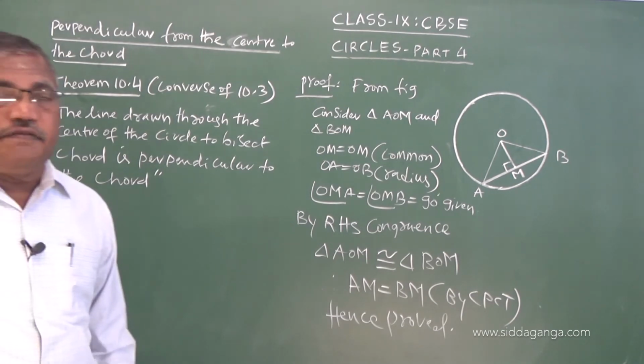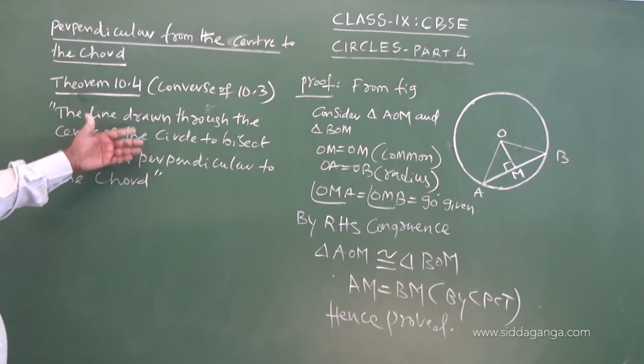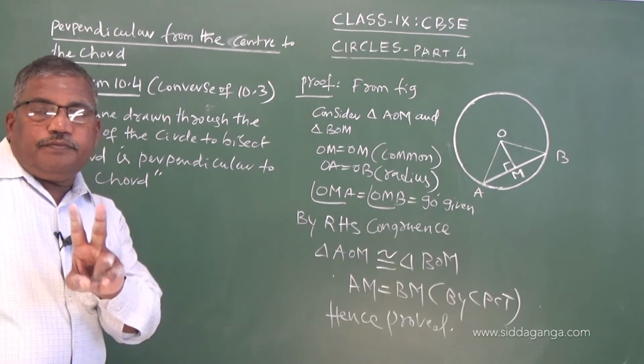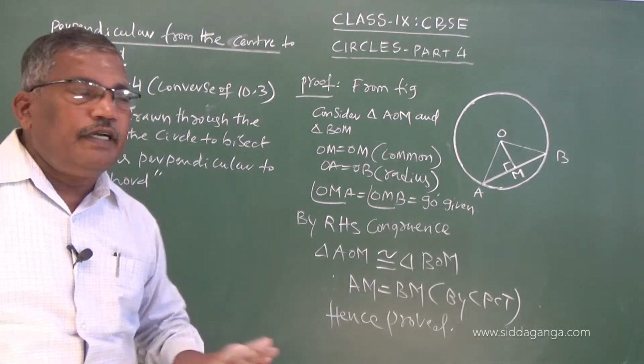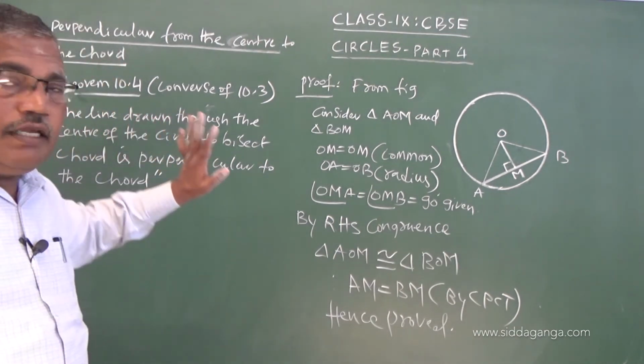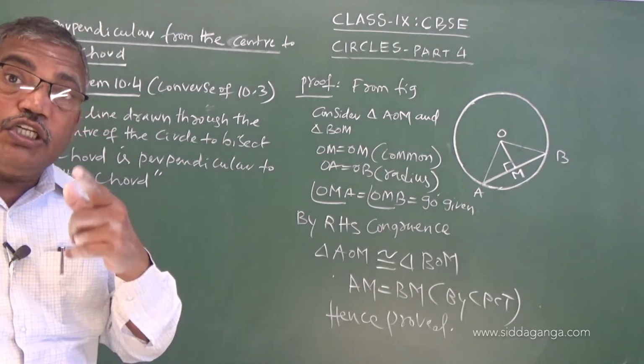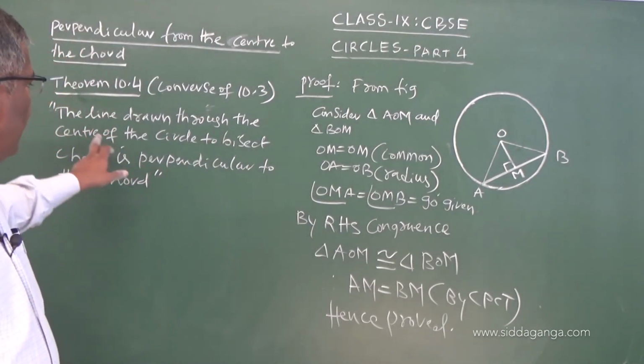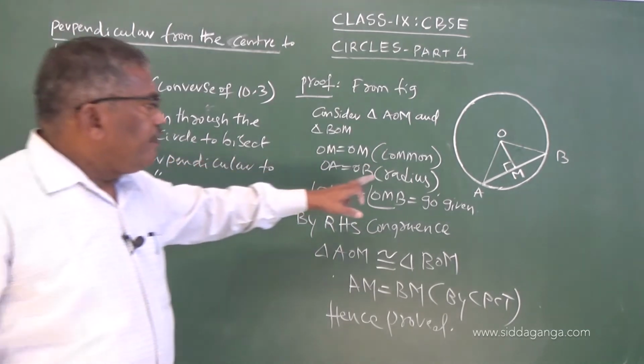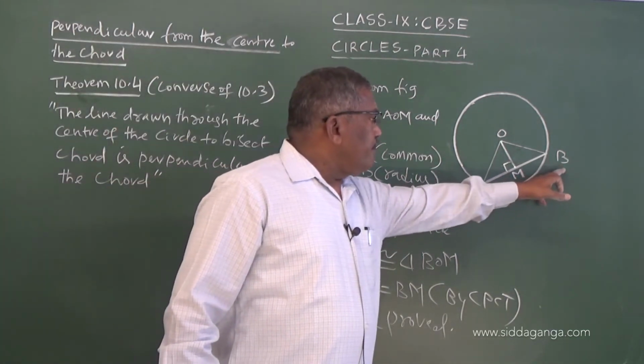So find the basic difference. In any statement of a theorem there will be two things. One is the given data, the second one is what is to be proved. So here the given data is AM equals MB.